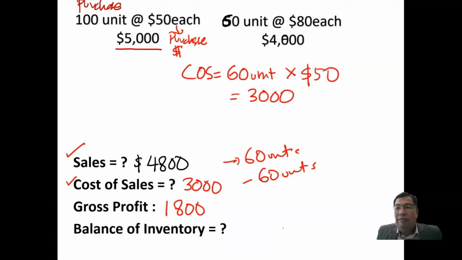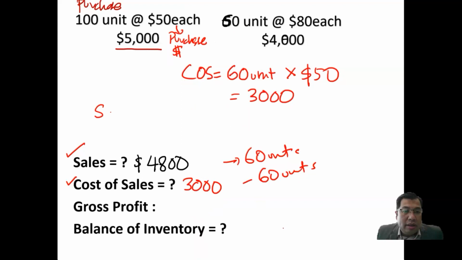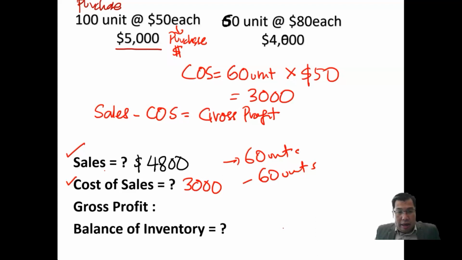What is gross profit? Sales minus cost of sale is equal to gross profit. I collect from the sales 4,800. The cost of the items for the 60 units is only 3,000. That's why my gross profit is 1,800.